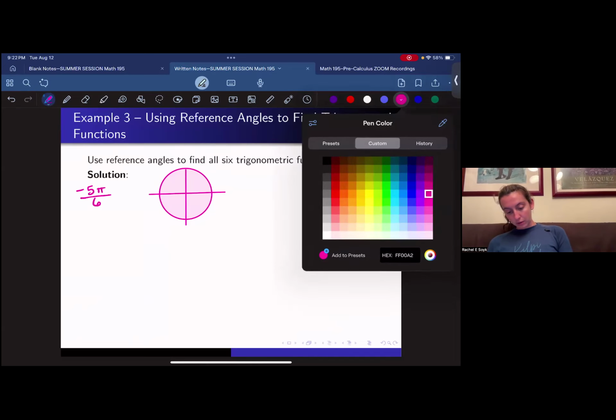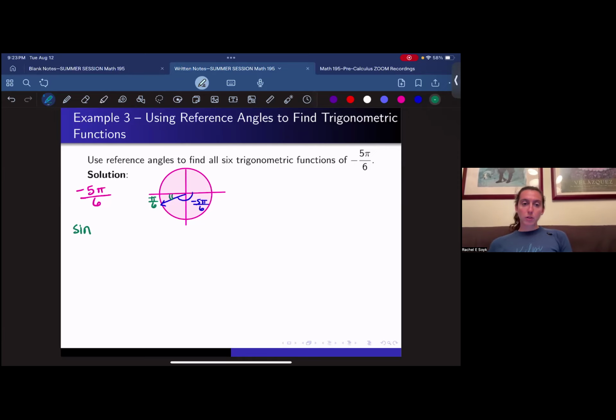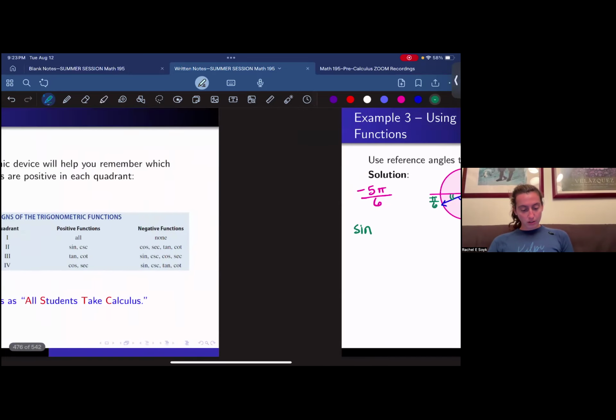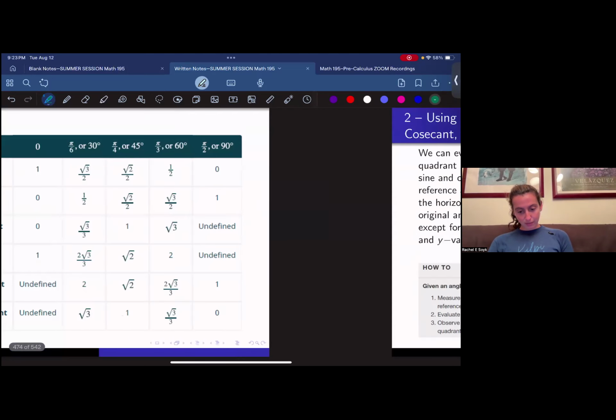Negative 5 pi over 6 ends up going right over here, which means our reference angle is this guy over here, which is pi over 6. And now we just want to find our 6 trig functions evaluated at pi over 6, which we already did.